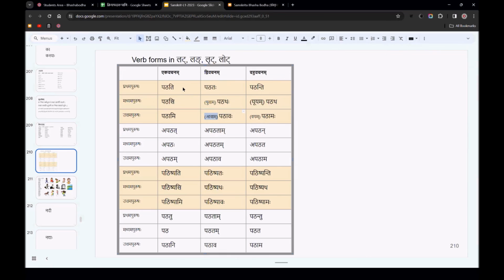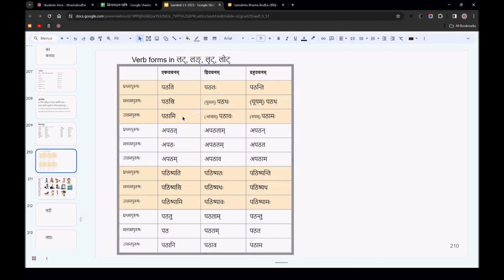We talked about the present tense forms, Prathama Purusha and Uttama Purusha, and also, though they are not in the book, we talked about the Madhyama Purusha forms. The Madhyama Purusha form should be used when the noun word is literally Tvam, Yuam or Yuyam, no other word.